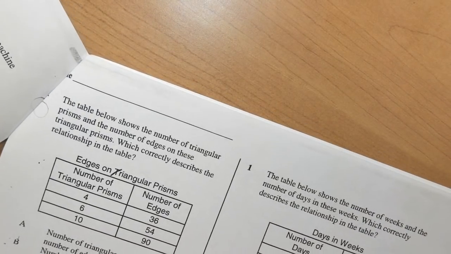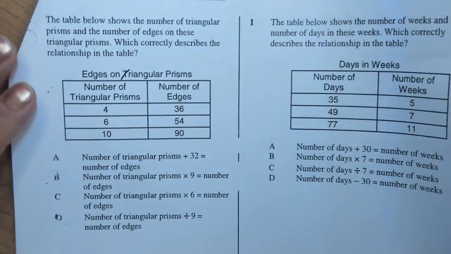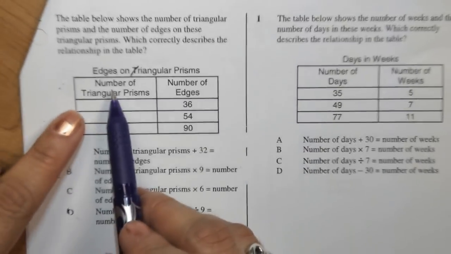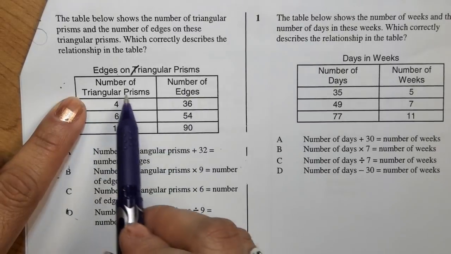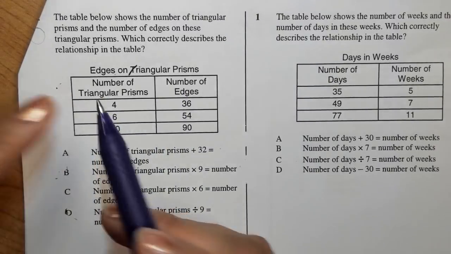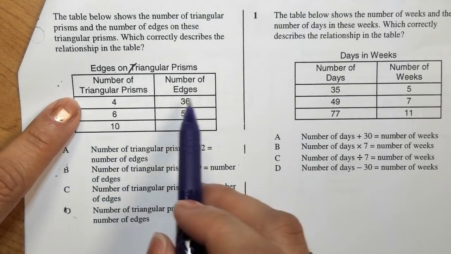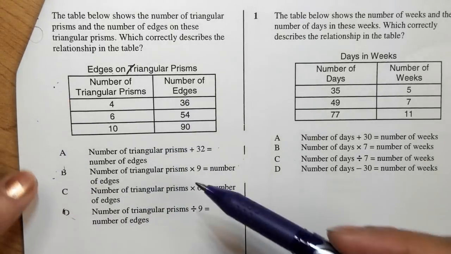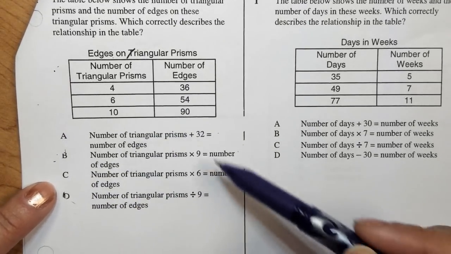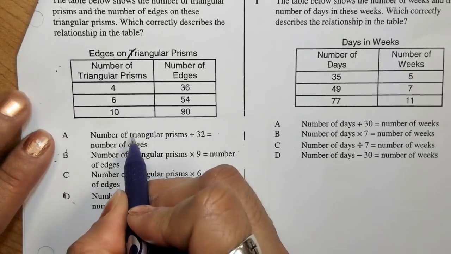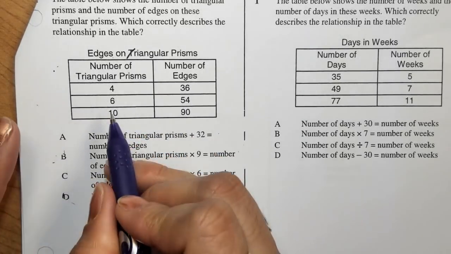Let me make sure on the back. The back is the same. The only difference here is now instead of using input output, it is using objects. So triangular prisms and edges. You always want to look at your answer choices to make sure that it's going from left to right or right to left.